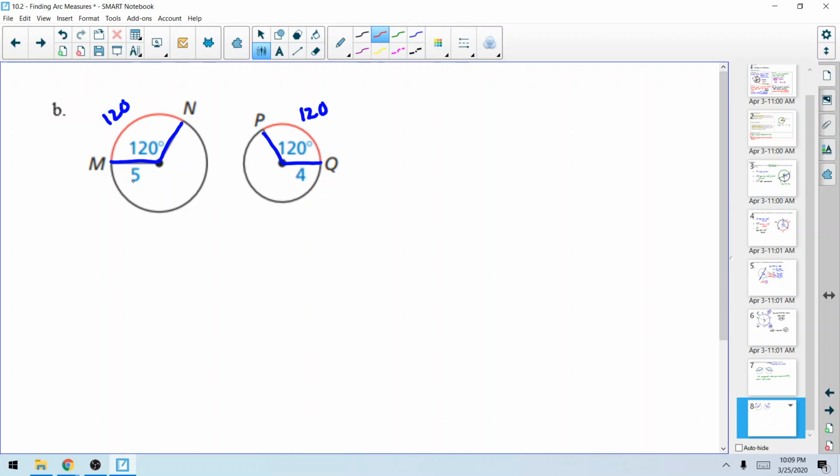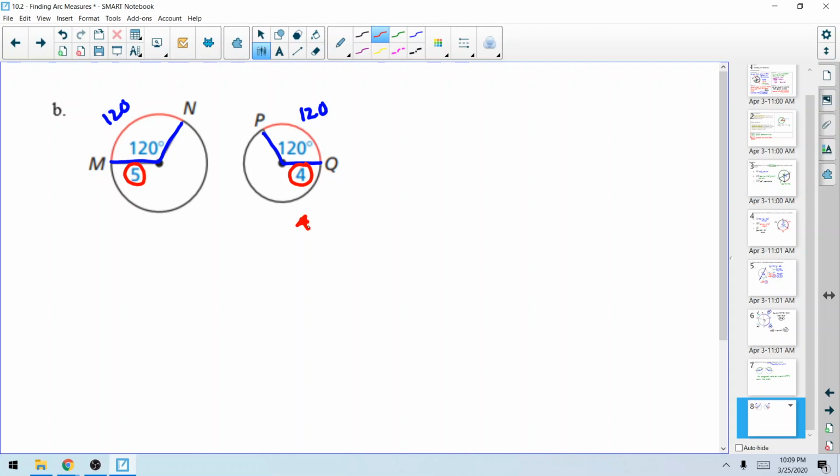But this one has a radius of 5, and this one has a radius of 4. So are the circles the same size? No, that one's smaller. So even though it's 120 degrees, they're not the same size arc because one circle is smaller than the other, which means the circumference, which is the distance around the outside, is not the same.